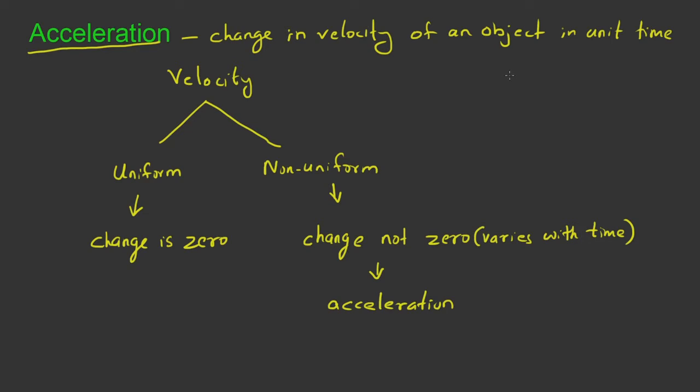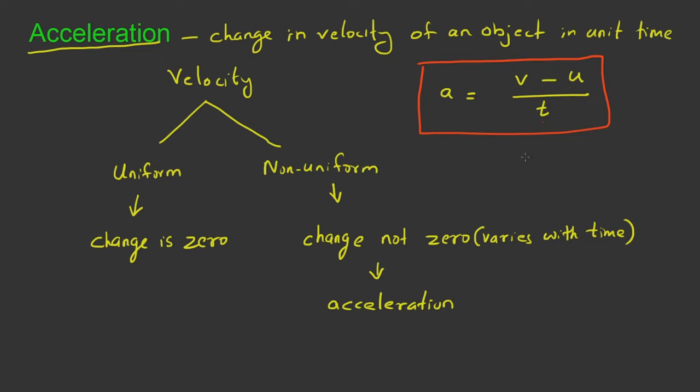If velocity changes from an initial velocity u to a final velocity v in time t, then acceleration is equal to v minus u by t. So we got an equation for acceleration where an object changes from an initial velocity u to a final velocity v in time t. This kind of motion is called an accelerated motion. That is, its velocity changes with respect to time.